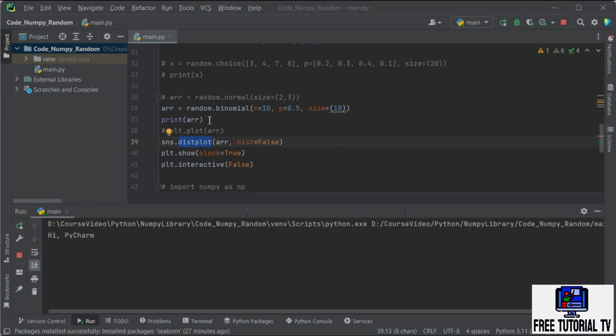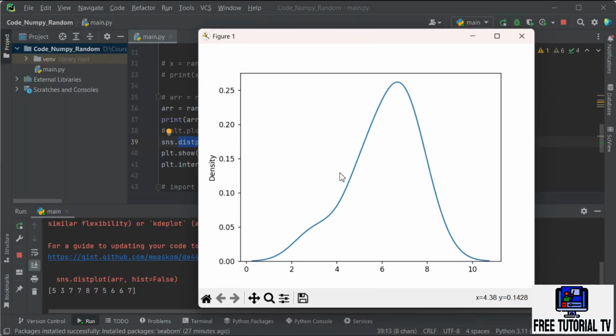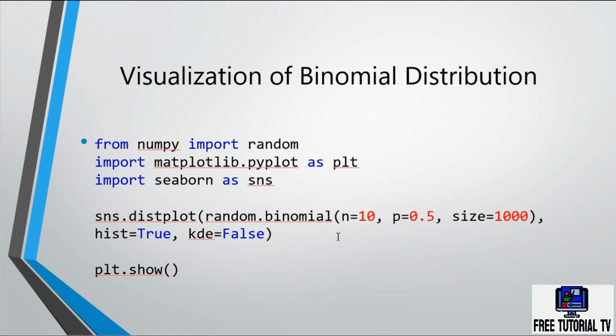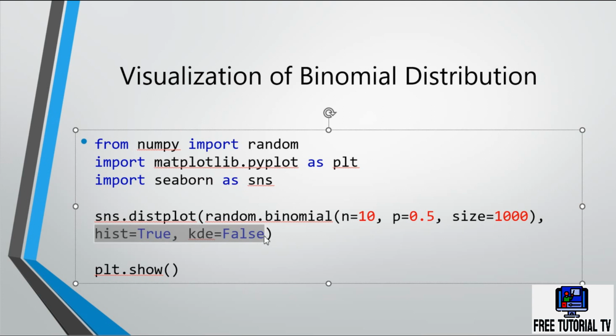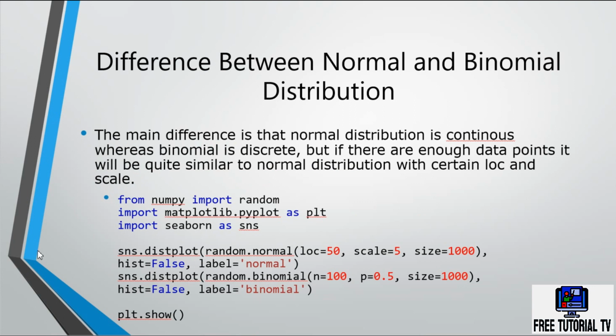Run this code, and this is how the binomial distribution looks. Next, the binomial distribution has been plotted; you can have a histogram and different parameters like kde for binomial distributions, and still you can generate the code. Here we want to know the difference between a normal and a binomial distribution.